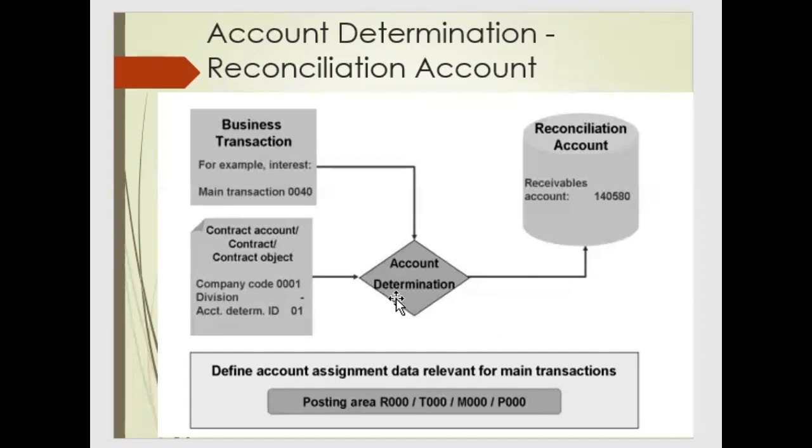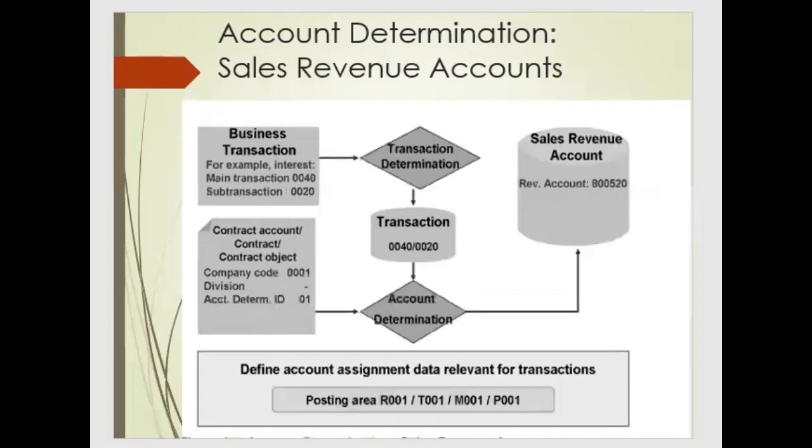The other things are the same. The company code will not change. The main and sub transaction are mostly predefined based on the practices of the business. The only key we have as a consultant or configuration expert is account determination, and through that we distinguish which kind of business it is and which ledger we need to link. So that's how we use account determination.